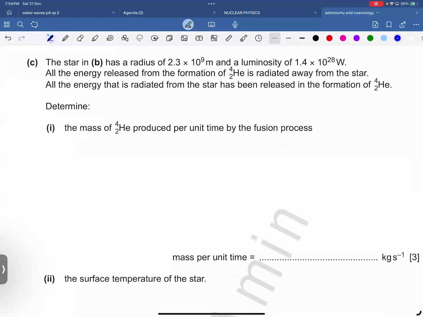The star has a radius and luminosity L. All the energy released from the helium is radiated away from the star. All the energy radiated from the star has been released in the formation of helium.